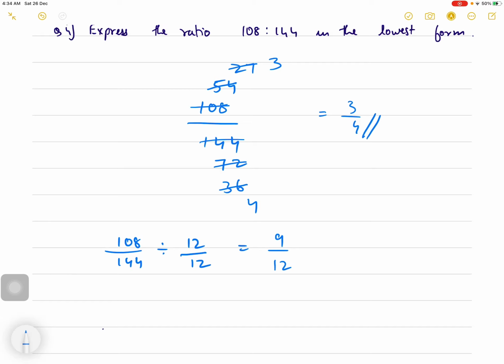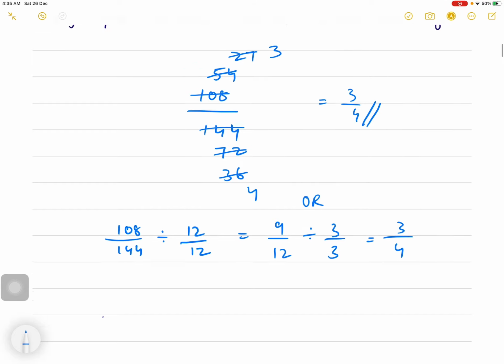Then I divided by 3, so I get 3 by 4. So 108 and 144 both are divisible by 12, so I divided by 12 and then I divided by 3. So this is one more way you can solve.